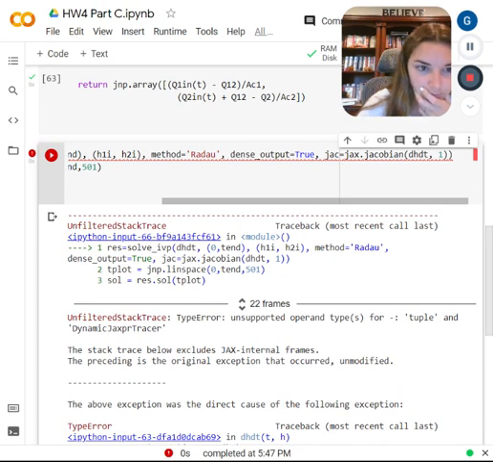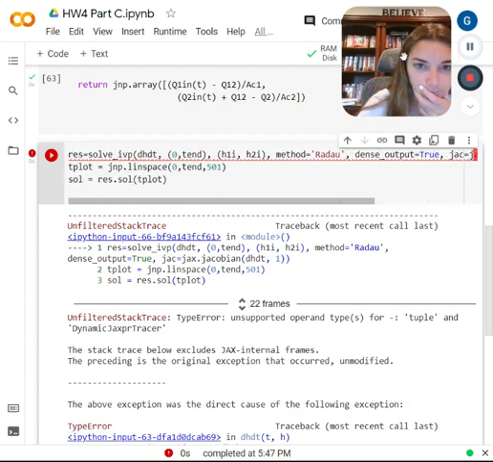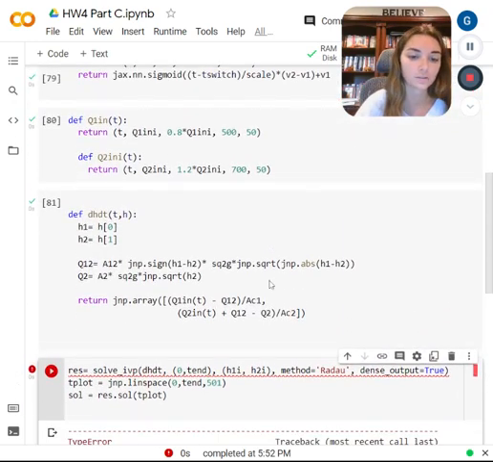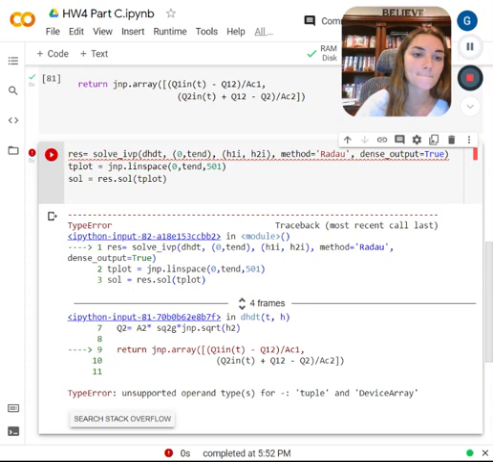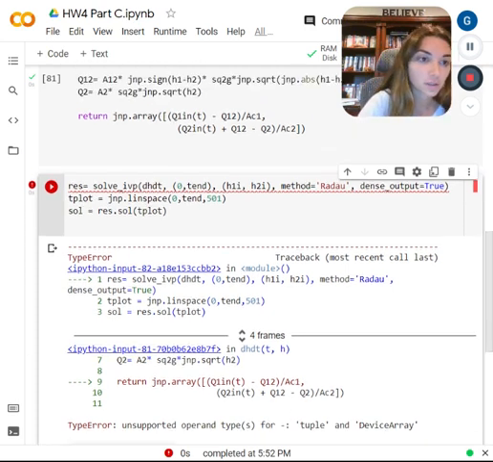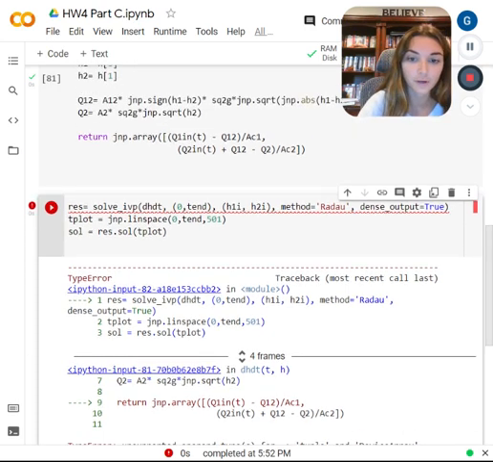Missing parentheses. Alright, I'm not sure what is happening here. Unsupported operand types for tuple and device array. So it's telling me to look here at my array.